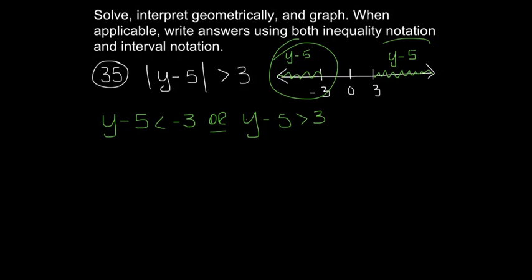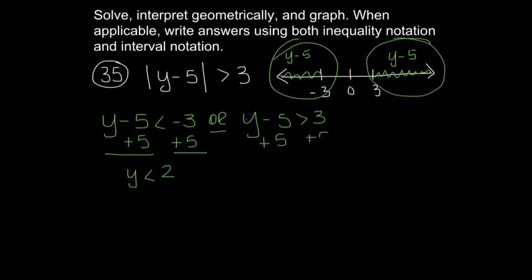So I have two different possibilities here. There are two different intervals. If I solve each of these, I can add that 5 to both sides. That gives me y is less than 2. Or if I add the 5 to both sides over here, I get y is greater than 8.